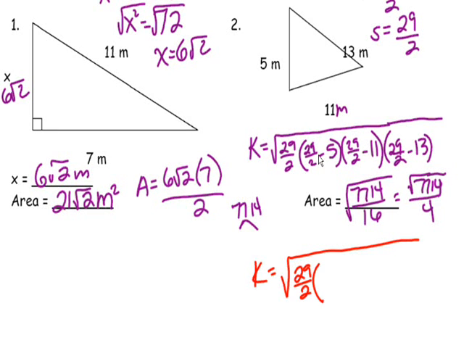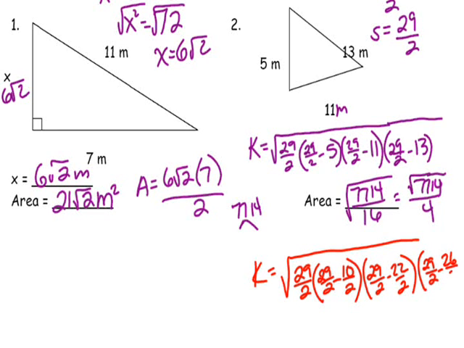Okay, so in order to actually do this in fraction form, we have to make a common denominator, right? In order to subtract, you have to have a common denominator. So we need to put this over 2. So we really have 29 halves minus 10 halves, because that's what negative 5 is as a fraction, and 29 halves minus 22 halves, and 29 halves minus 26 halves.